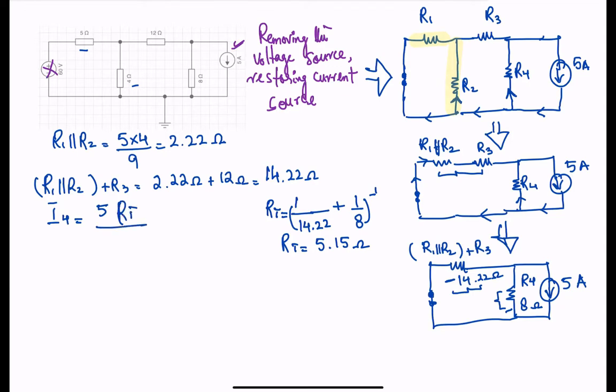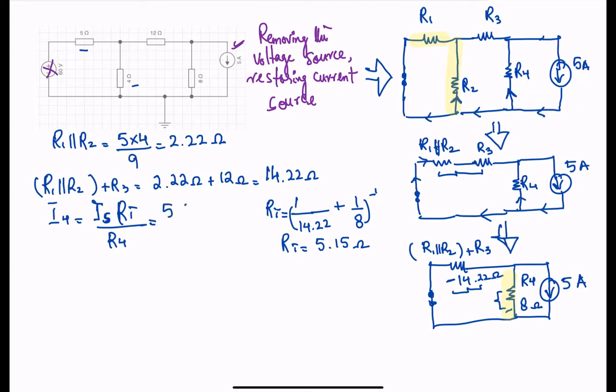Let me write it down in symbolic form first. I4 equals IS, the supply current from the independent source, times the total resistance divided by the resistor across which you are trying to find the current. In this case, that is R4. Let's plug in the values.